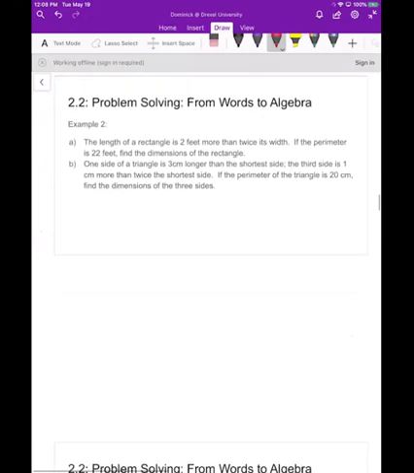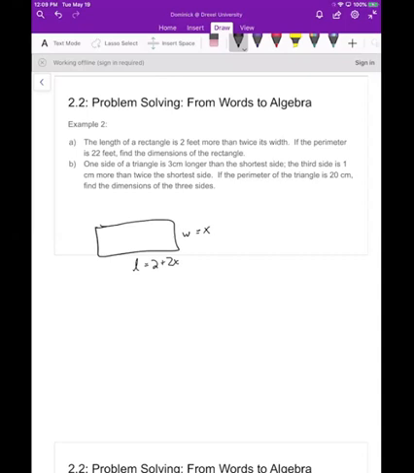Okay, now in the second example, we're told that the length of a rectangle is 2 feet more than twice its width. All right, so in this case, we can draw a picture. Let's call this the length and we'll call this the width. So if I call the width x, we know that the length is 2 feet more than twice the width. So that's 2 plus 2x.